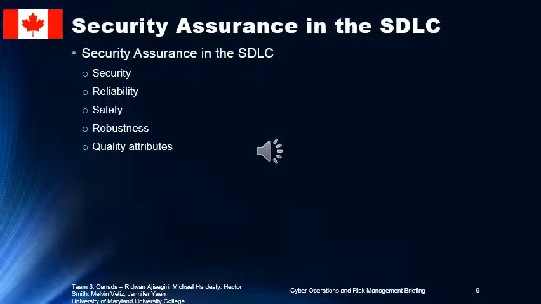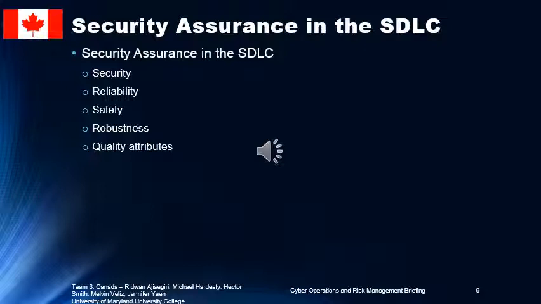The security assurance in the SDLC is the level of confidence that software is free from vulnerabilities, either intentionally designed into the software or accidentally inserted at any time during its life cycle, and that the software functions in the intended manner.